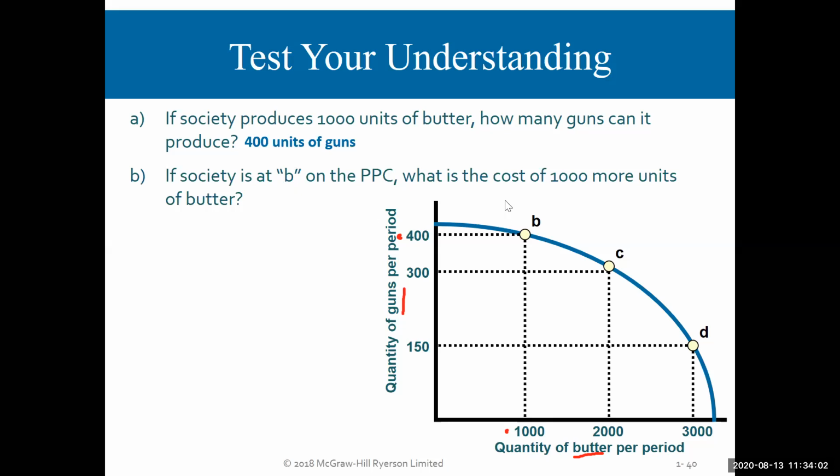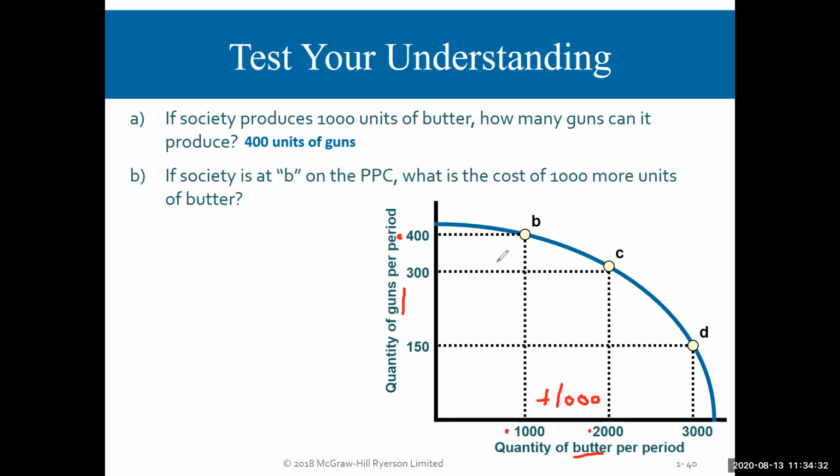Okay, now it says if society's at point B, what is the cost of 1,000 more units of butter? So we're at point B, which you've seen where that is, 1,000 units of butter. And we want to produce 1,000 more units. So basically, we want to add 1,000 butter to take us to 2,000. Well, luckily, that's still on the production possibility curve.